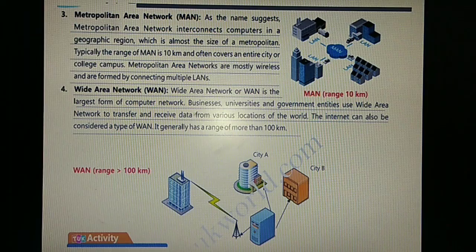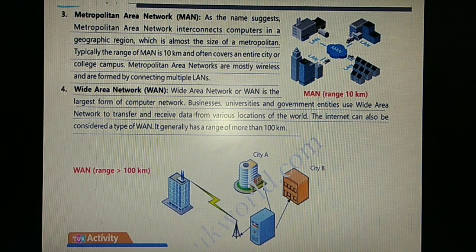That means from one place to another place. Typically the range of a MAN is 10 kilometers and it often covers the entire city or a college campus.